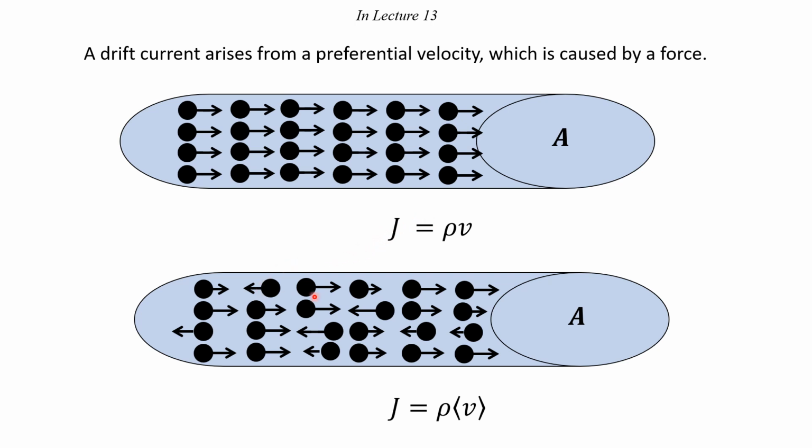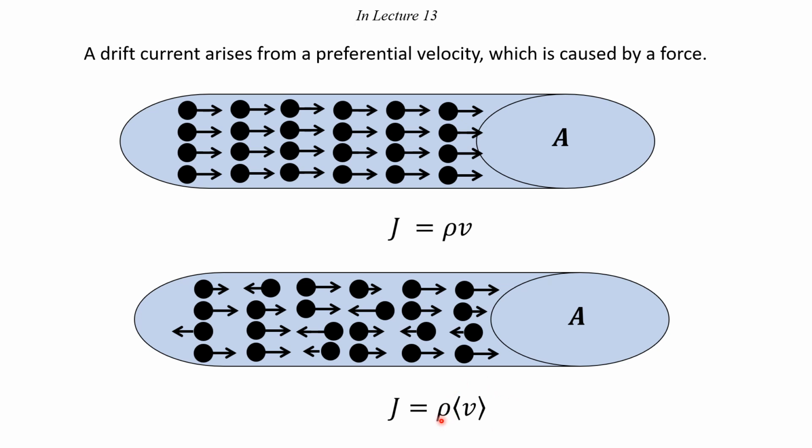Then we considered a more general case where the particles were allowed to move backwards and also with different speeds, and we found this more general expression where the current density depends on the average velocity.